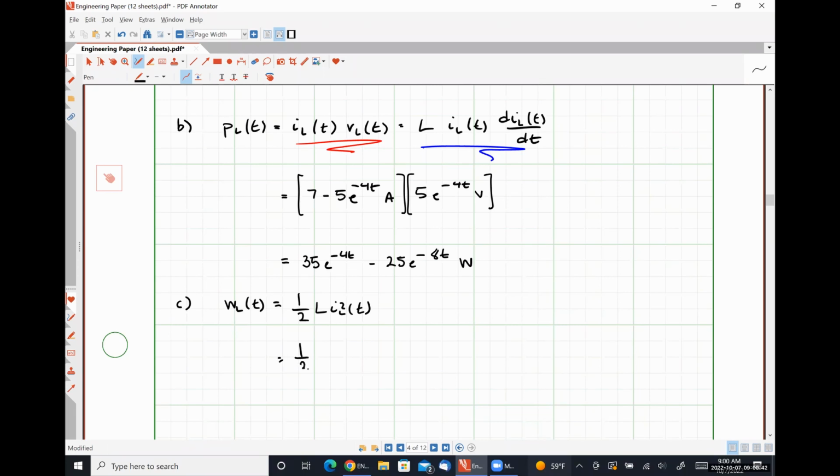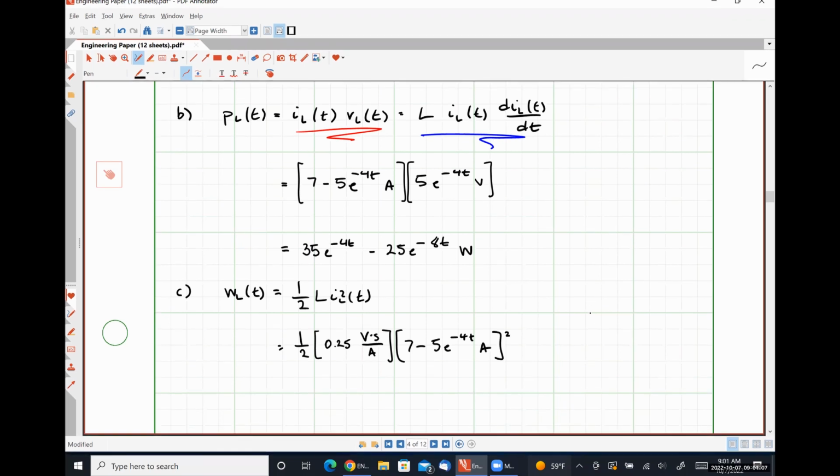That's going to be 1/2 times 0.25 volt seconds per ampere times 7 minus 5 e to the minus 4t amperes quantity squared.